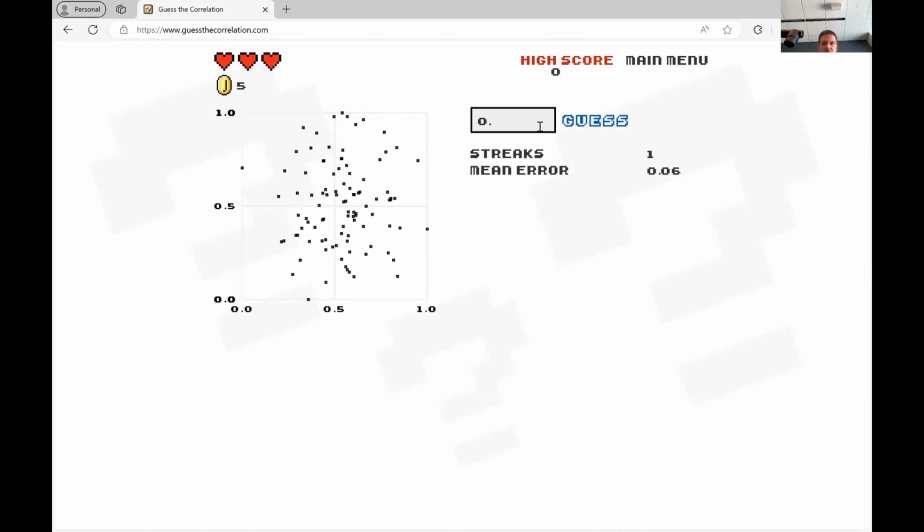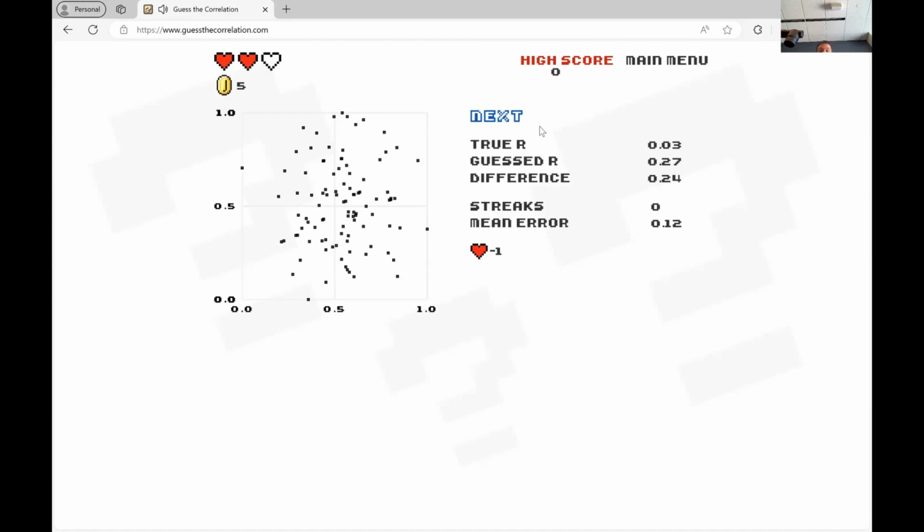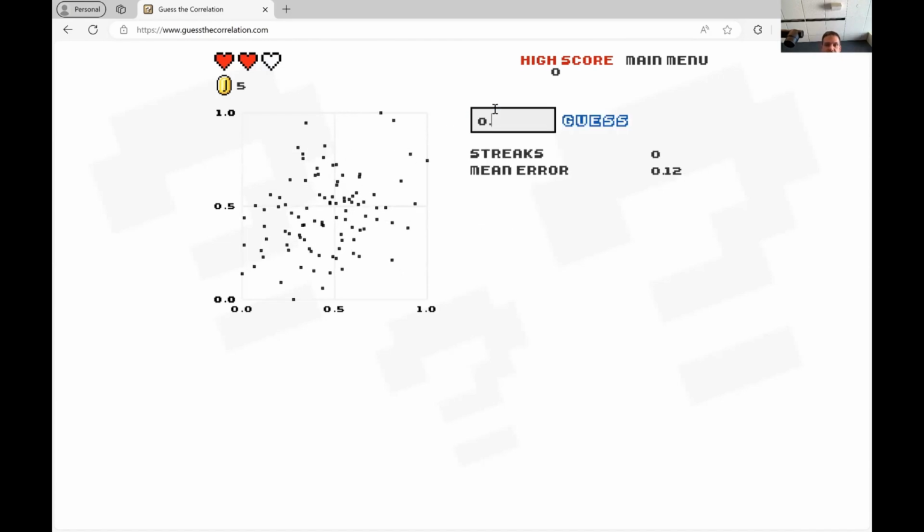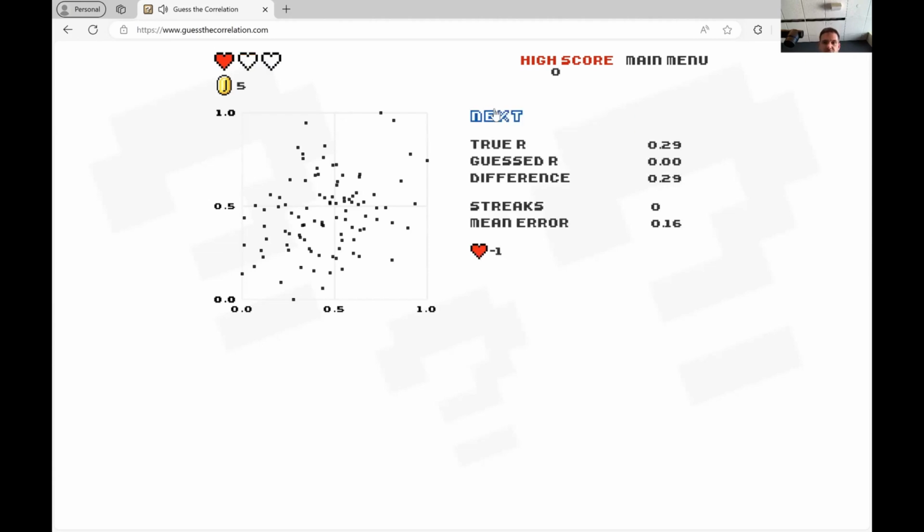All right. 3%. All right, Skylar, what's this one look like? That's it. All right, 0.04. That's 29%. Man.